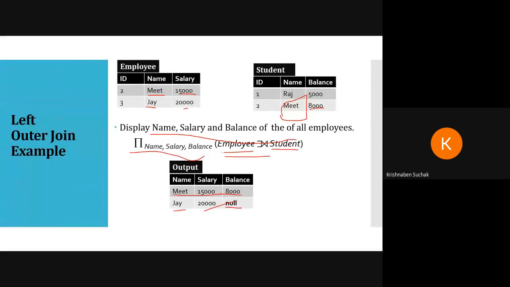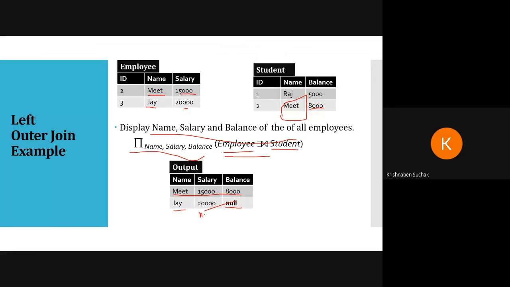So what if I perform right outer join? Meet and Raj. Yes, correct. For Meet, I will get every piece of data. Then for Raj, I will get only the name and balance. Salary will be null here.